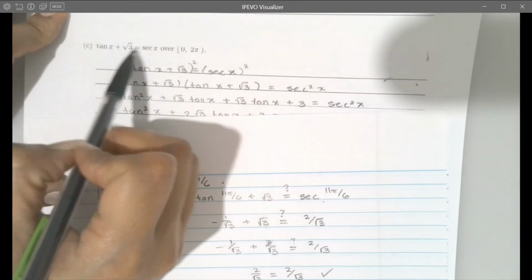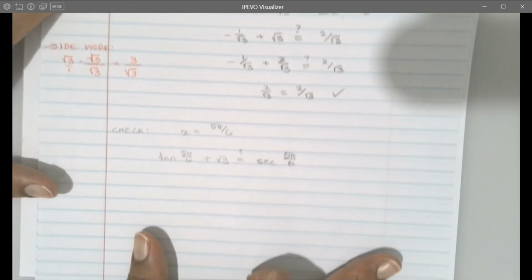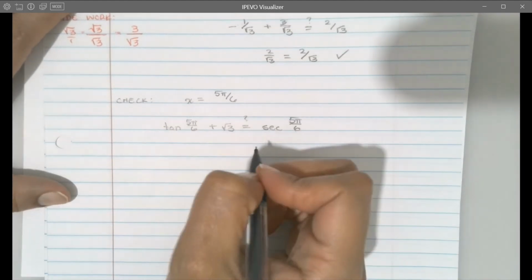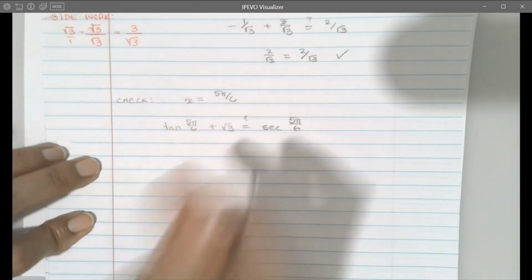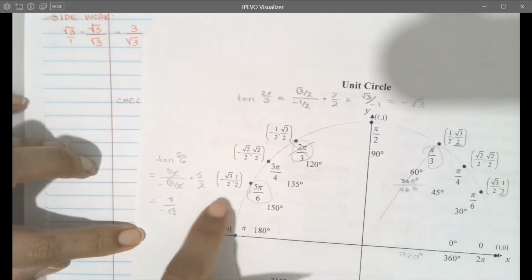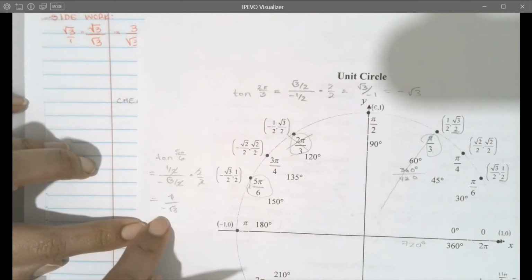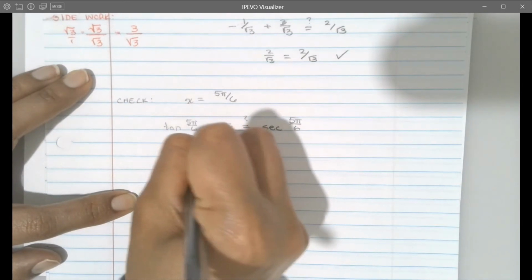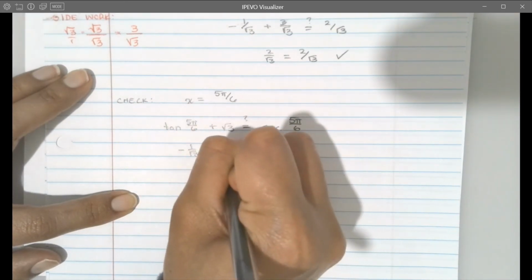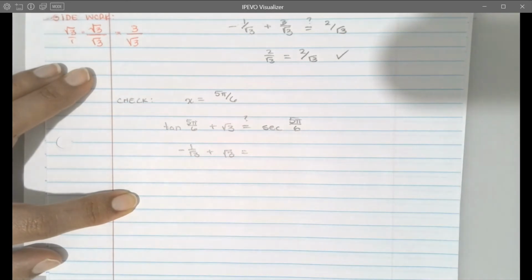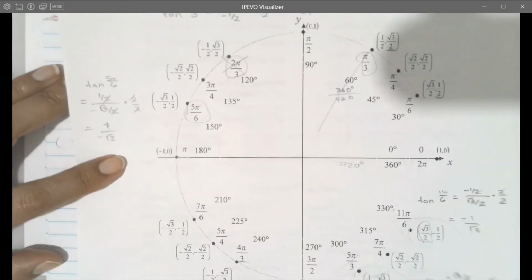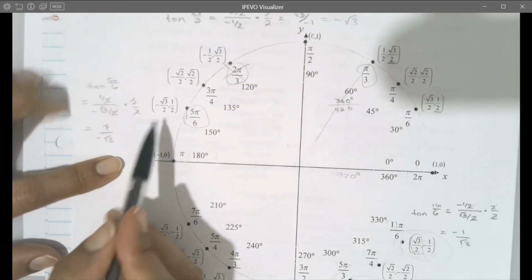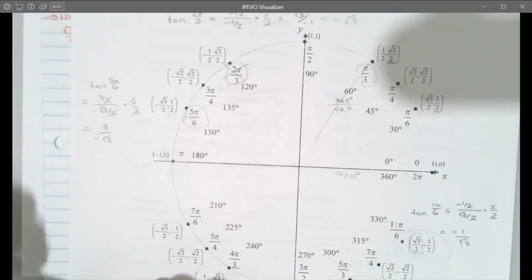I'm replacing the angle into the original equation. Well, let's check. Tangent of 5 pi over 6 gave us the negative 1 over radical 3. And then secant of 5 pi over 6, we're going to take a look at the cosine and flip it. The cosine is a negative radical 3 over 2.